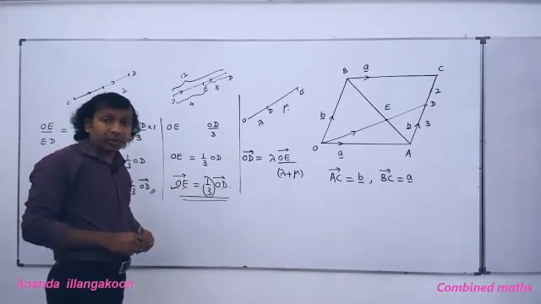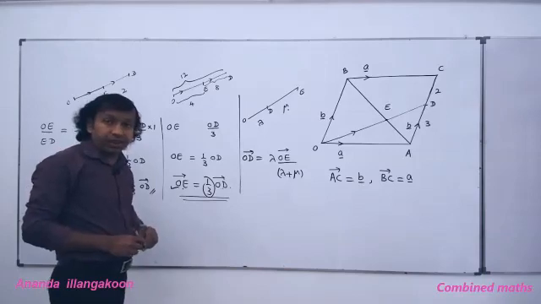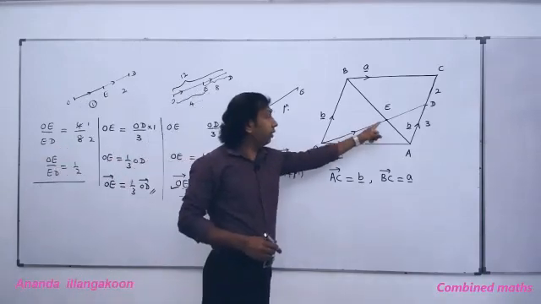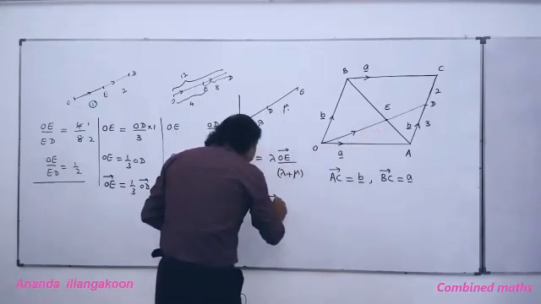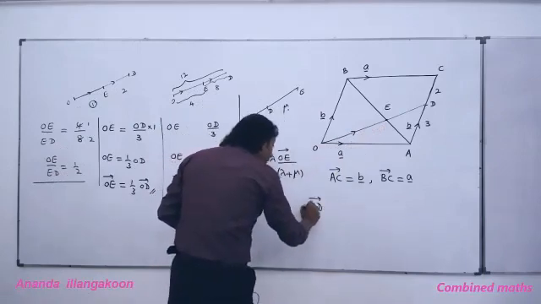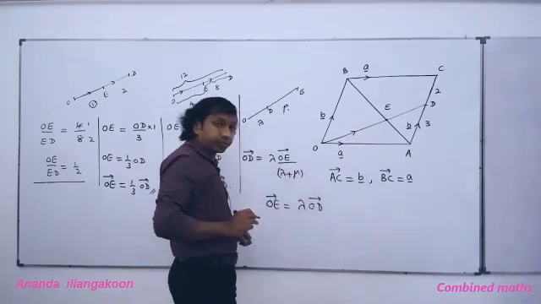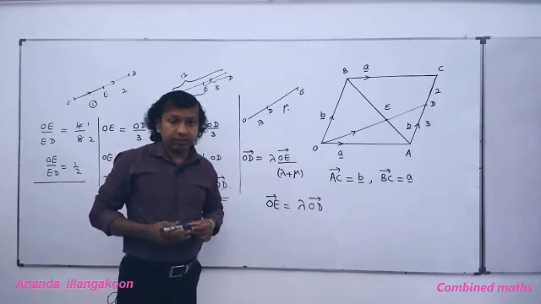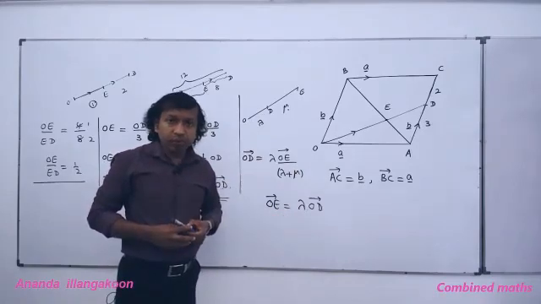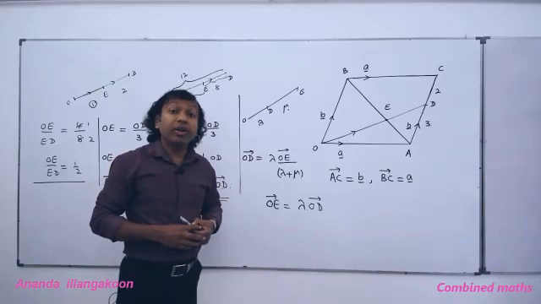Like that, people, I can say this OE vector I can obtain by multiplying this OD vector by lambda. What is lambda? Lambda is a real number, a scalar. Its value should be less than 1. Why?